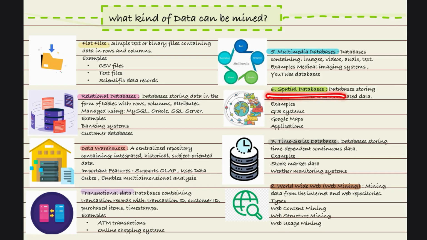And then we have spatial databases. Spatial is the repository that is storing geographic location based data, like GIS maps, like Google Maps. So it is crucial for analyzing traffic congestion or urban development. So when that is our objective, we use spatial databases. Then we also have time series databases.